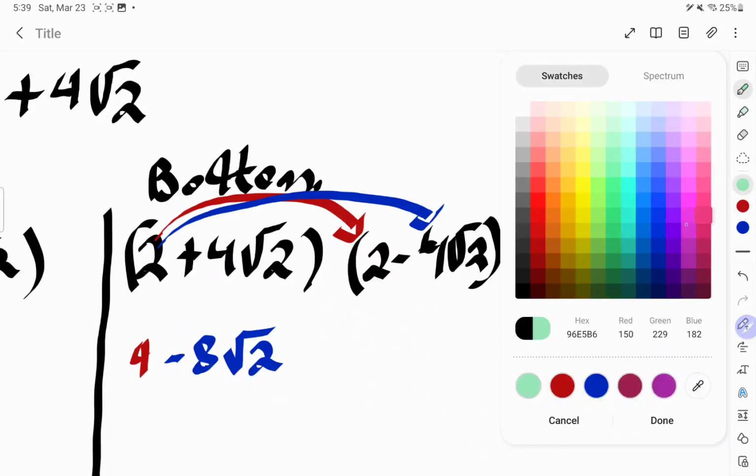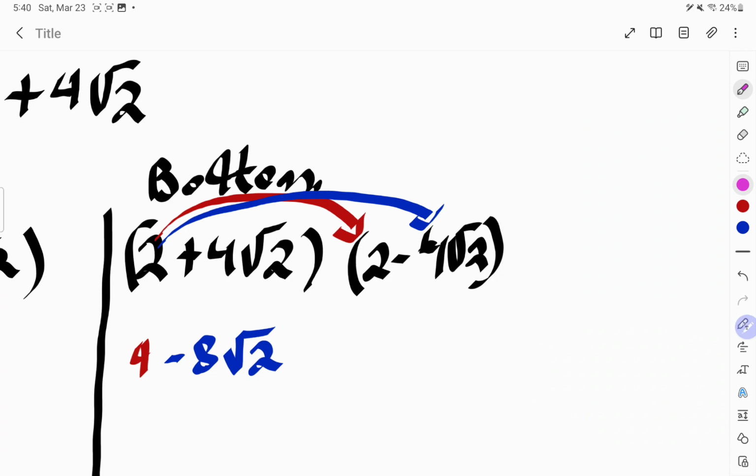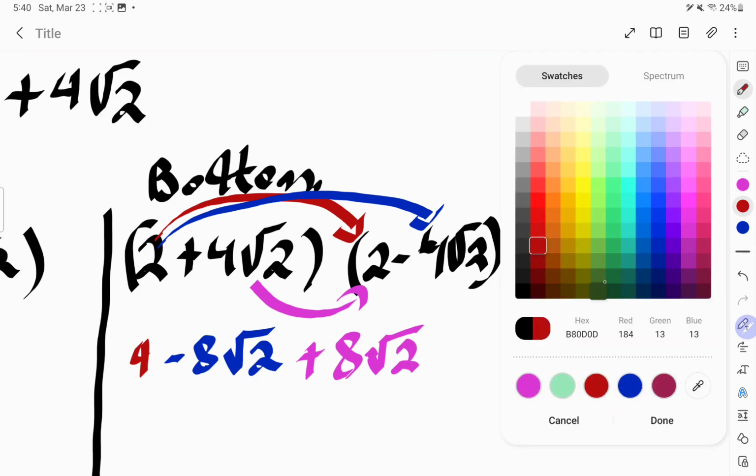Now, let's do another one. Let's do a different color, orange. Or kind of pink. Yeah, a little pink. Now, I'm going to grab this guy right here, and I'm going to multiply with 2. So it's going to be plus 8 square root of 2. And then the final one, let's do green.